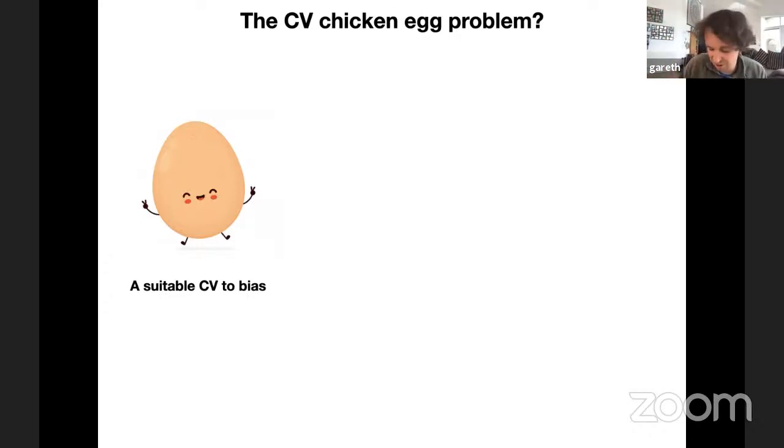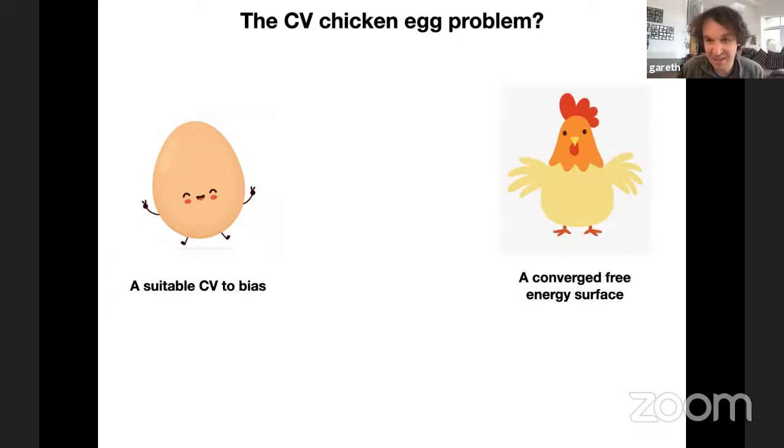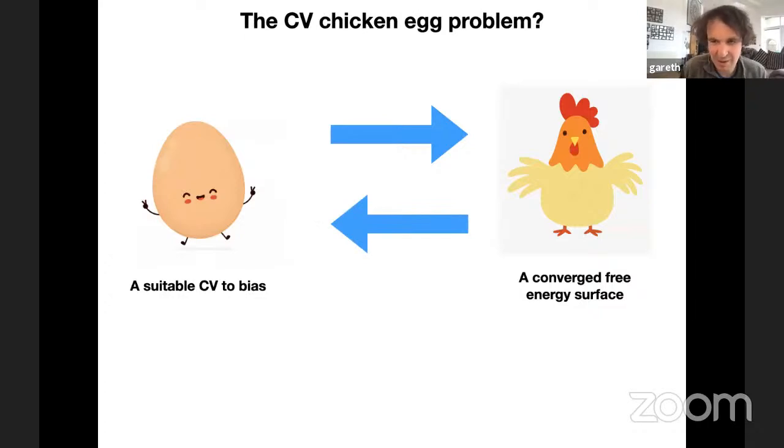So to find an appropriate CV, what we really need is a converged free energy surface. And so we've got this chicken and egg problem because we need to know the CV in order to get the converged free energy surface, but we need the converged free energy surface in order to find the appropriate CV.